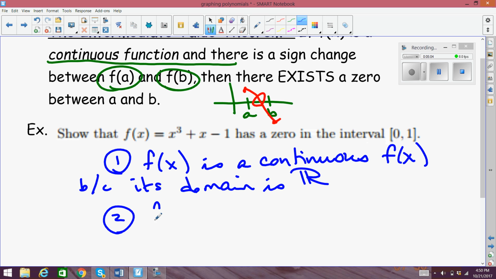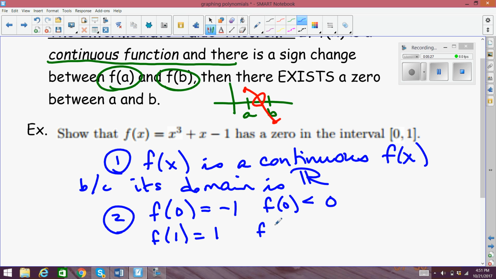Second, I'm going to evaluate f of 0, which is -1, which means that f of 0 is less than 0, right? It's negative. And f of 1 equals 1 plus 1 minus 1, which is positive 1, right? Therefore, f of 1 is greater than 0.